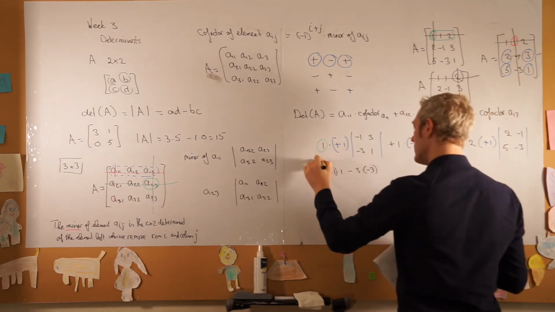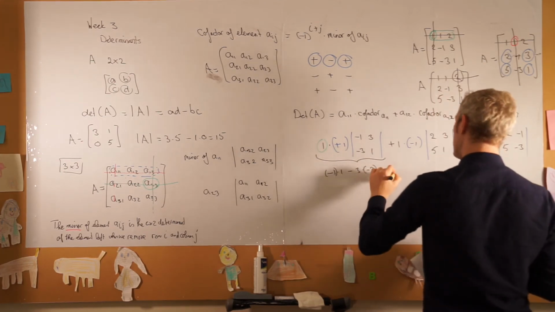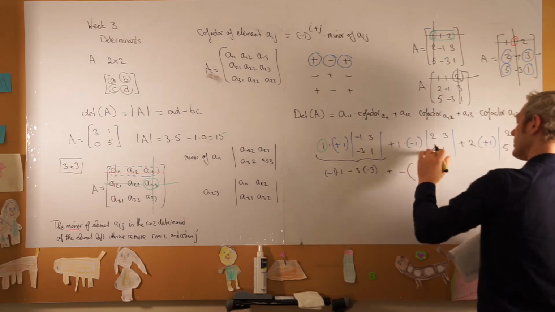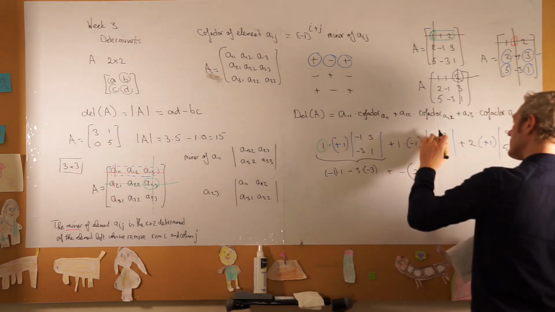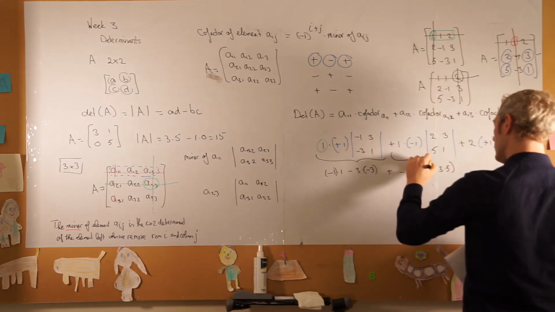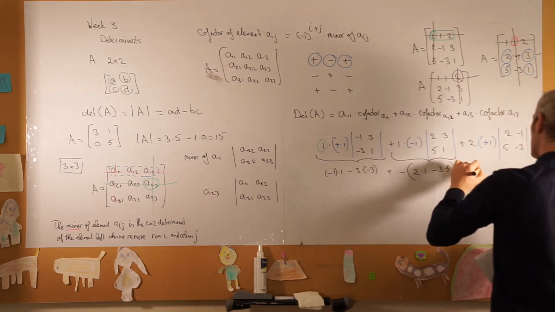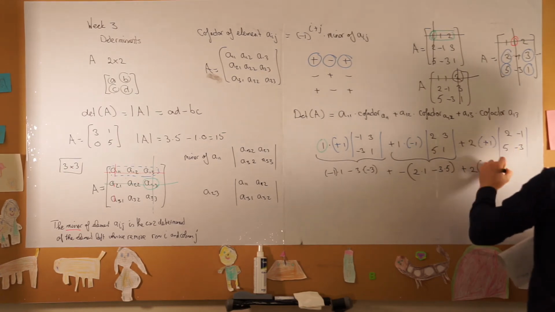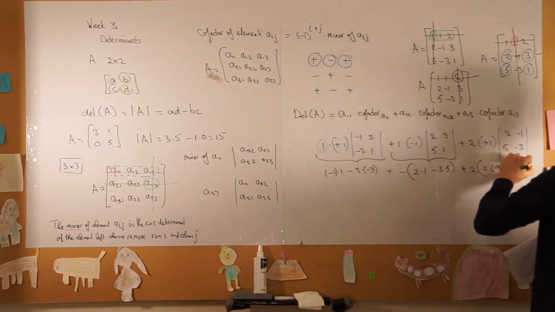This is this part plus minus 1, so we have a minus sign, 2 times 1 minus 3 times 5, and that is all of this, plus 2 times minus 3 minus 5 times minus 1.